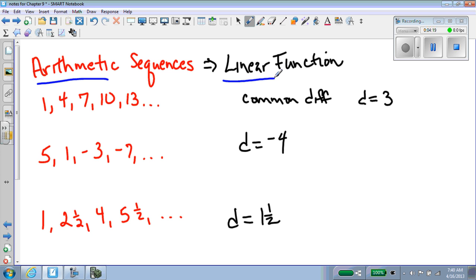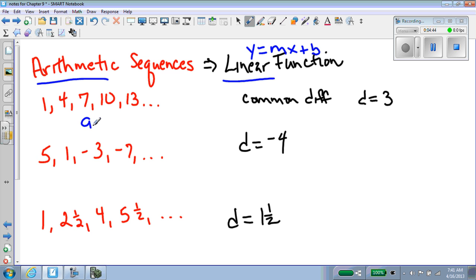So how would we write the functional definition, the a sub n definition for each of these? Well, think about how you would write a linear equation, right? Y equals mx plus b. We're going to use that same sort of notion. We decided that the slope was highly related to our common difference.